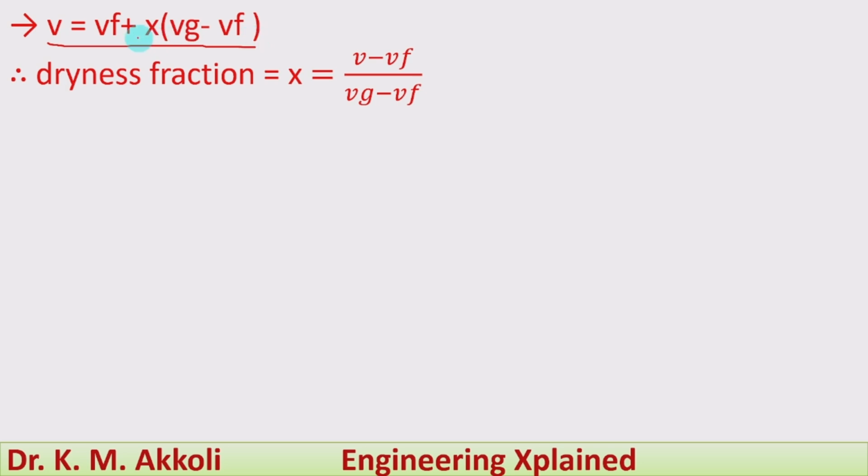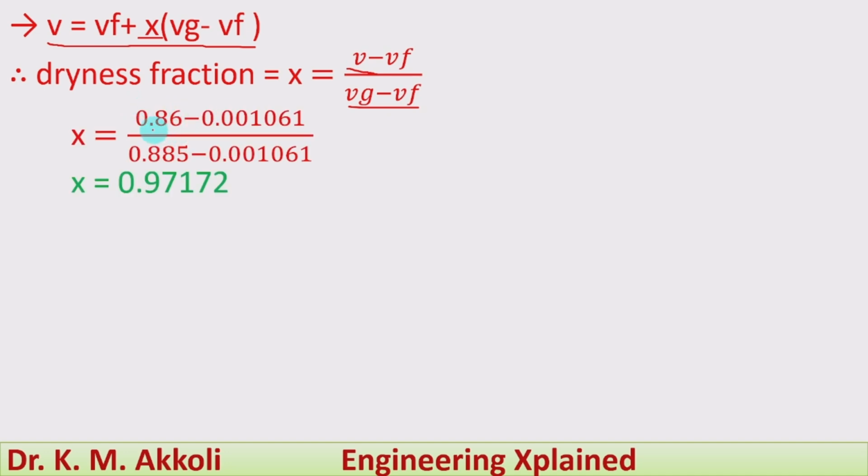In this equation, x is the dryness fraction. Therefore, x equals V minus Vf in the numerator, and Vg minus Vf in the denominator. All the specific volumes we have already calculated, and Vf, Vg we have taken from the steam table.